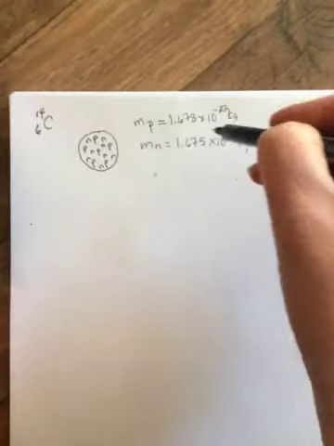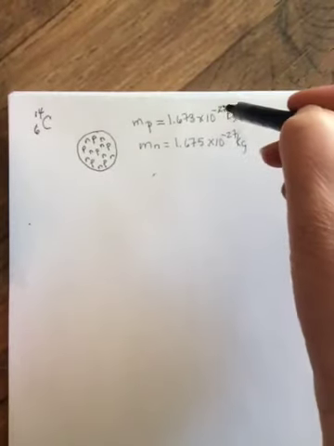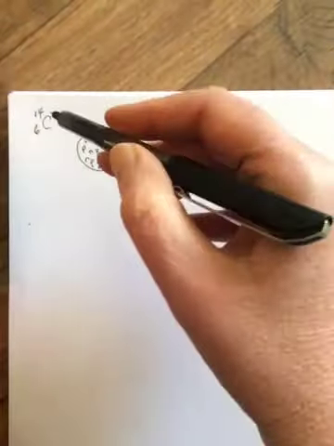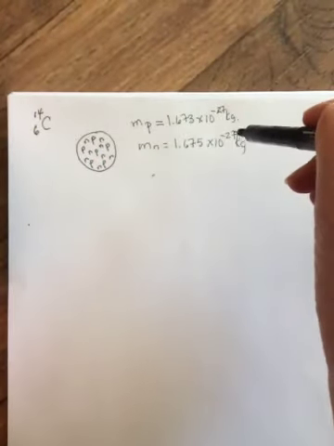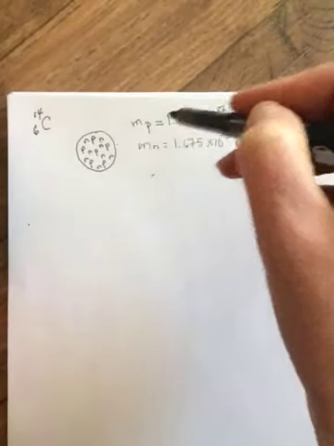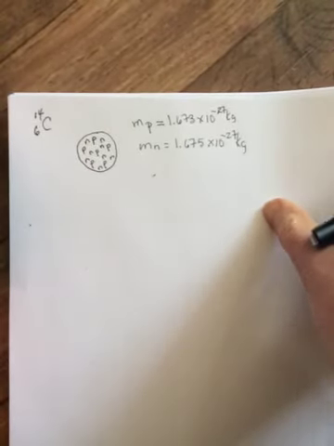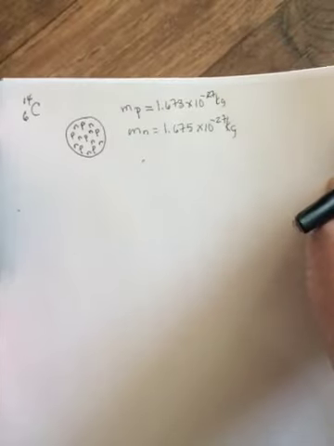Because there's 6 protons, so I can multiply my 1.673 times 10 to the negative 27 by 6, and then my 1.675 times 10 to the negative 27 by 8, and add them together, and I should be able to get the mass of the nucleus. And that's what we thought would be true.